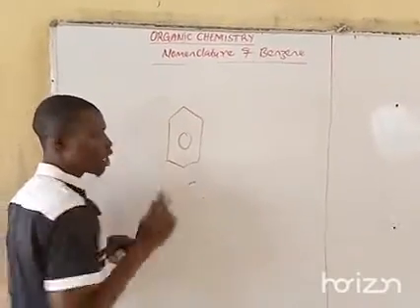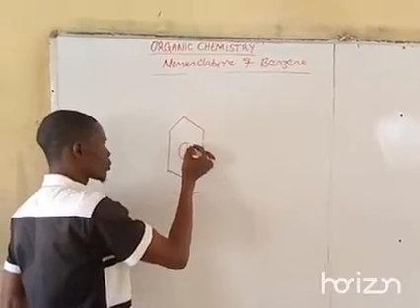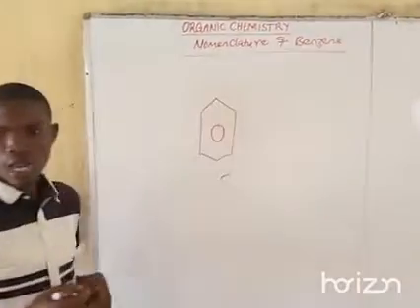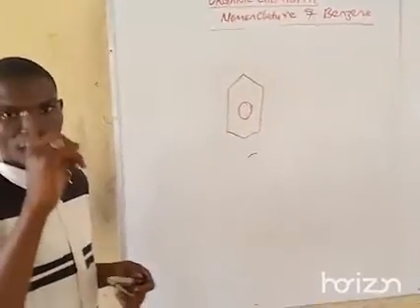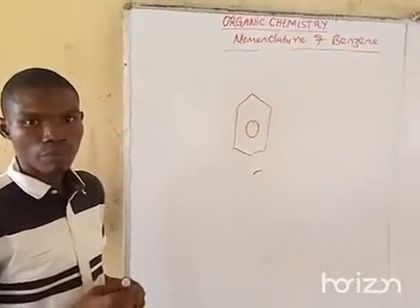All the ones that we have just listed are called monosubstituted benzene. They are monosubstituted, having one substituent. So now let's go to disubstituted benzene.